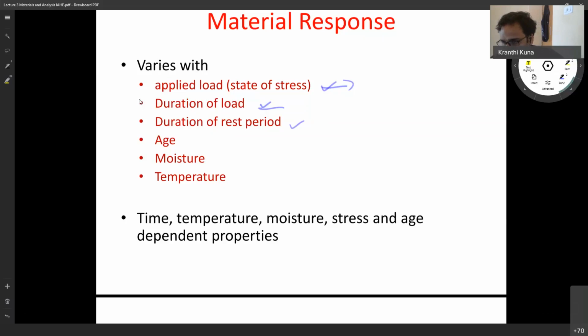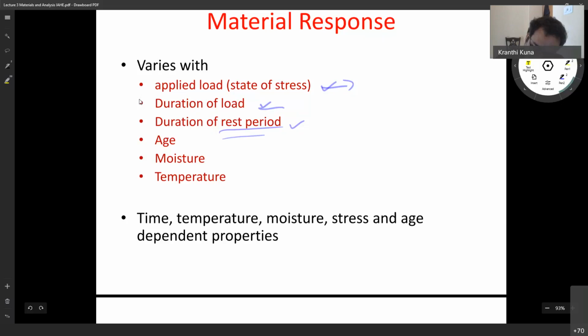Okay, a trailer is immediately followed by another trailer, you have less loading time. Say, for example, within each truck, if front wheel is followed immediately by the rear axle, then the rest period is less. But if a truck is followed by another truck after a long time, the rest period will be more. So it is subjected to different rest periods.